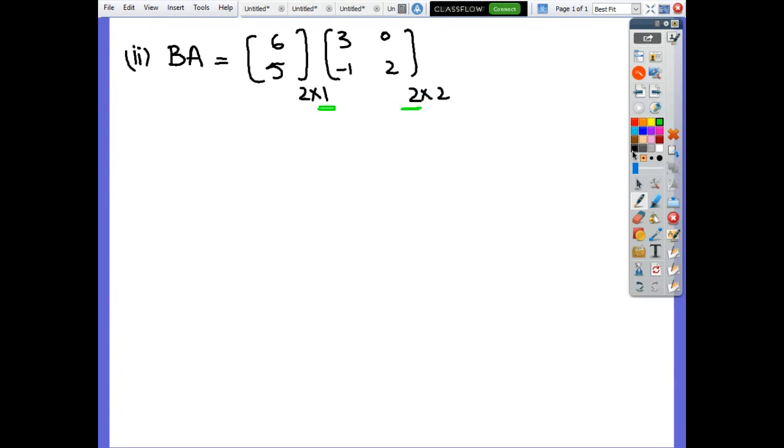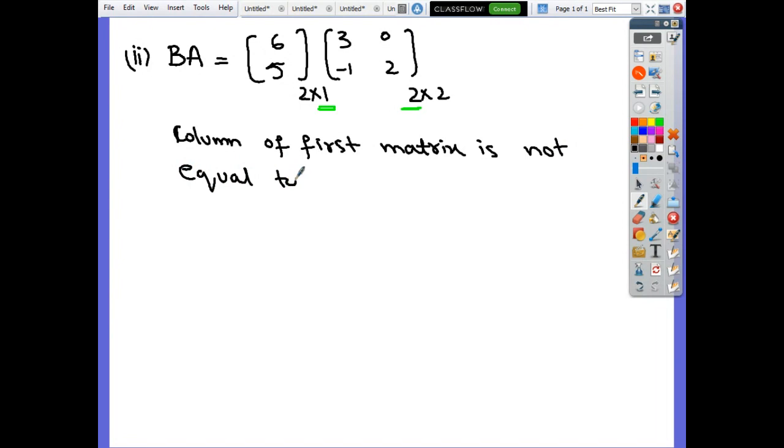Here we write: column of first matrix is not equal to rows of second matrix.